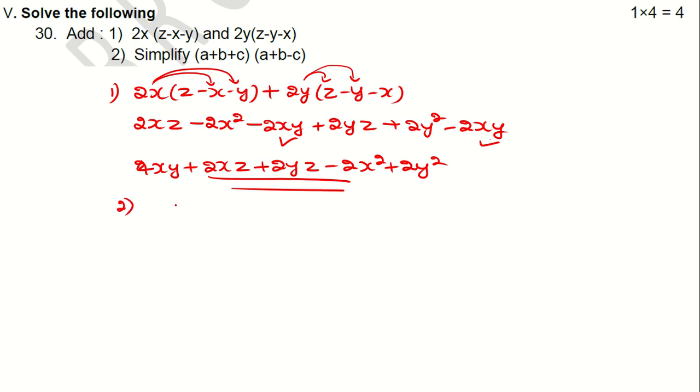And for the second one, (a + b + c)(a + b - c). That means here you have to take this as (a + b) and (a + b), and also c and minus c.